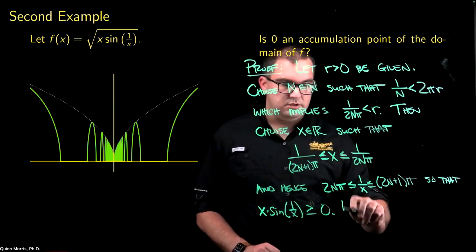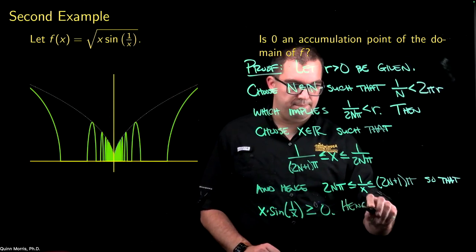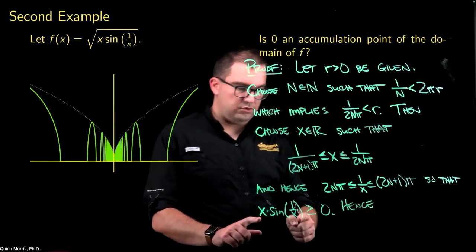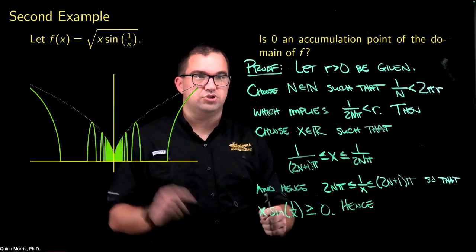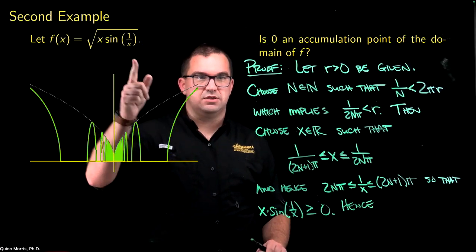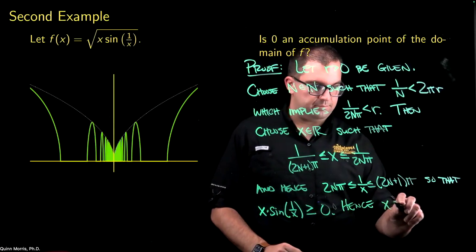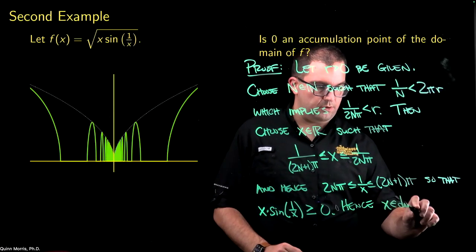Now, the fact that this is greater than or equal to 0 tells me that the x value I chose is going to be in my domain. This is going to be defined. So x is in the domain of f.